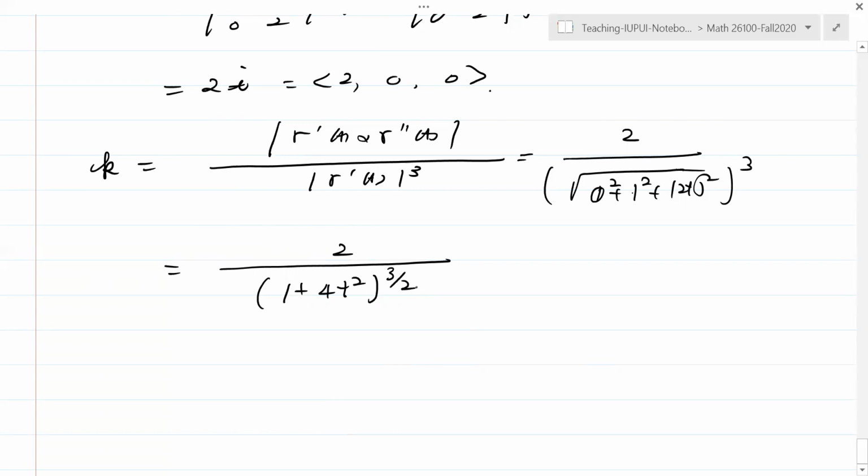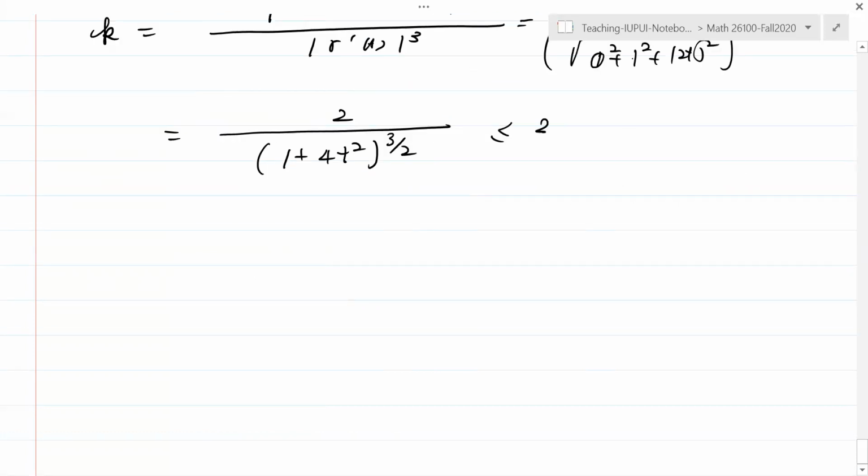Now, what does this tell you? It tells me the curvature is always less than or equal to 2, and when t is 0 it equals 2. Now, how does the graph look? That's very important. Someone asks how I got 1 plus 4t squared to the power of 3 over 2.